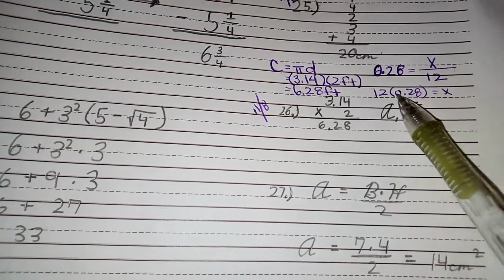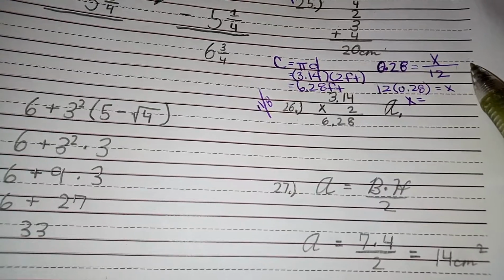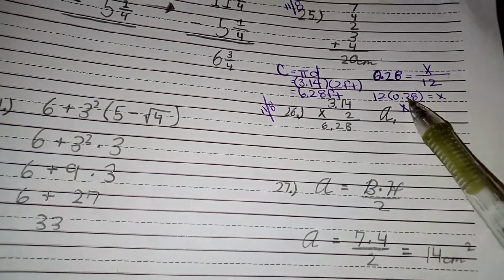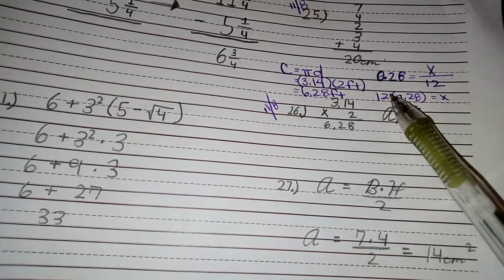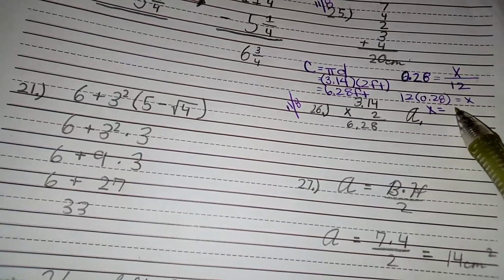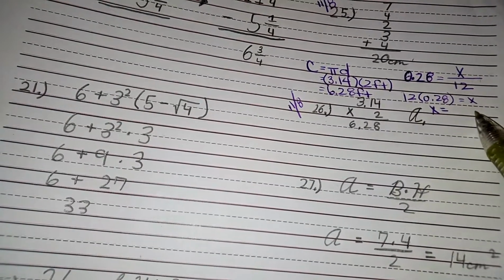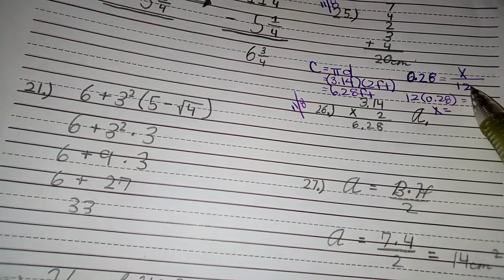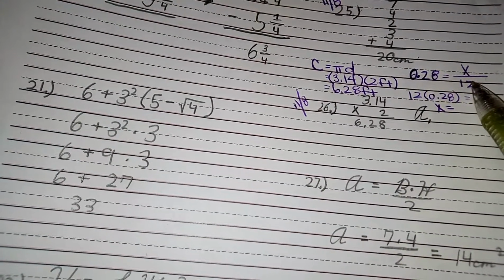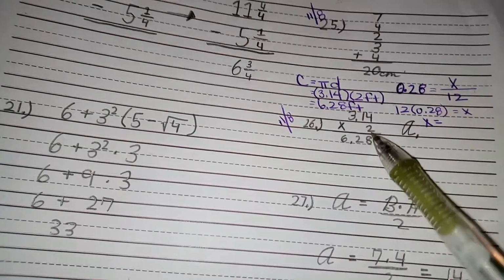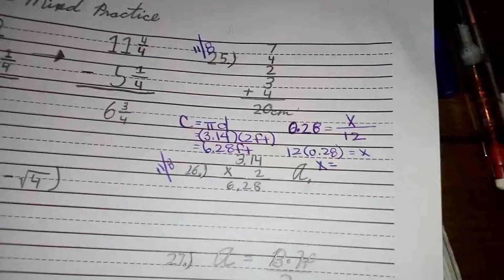And then you would solve that by multiplying by 12 on the right side and on the left side to get x equals 12 times 0.28. Find out what x is, and that lets you know if that's 1/12, 1 inch, 2/12, 2 inches, 3/12, 3 inches, 4/12, 4 inches, and so on. Hope that was clear enough for you.